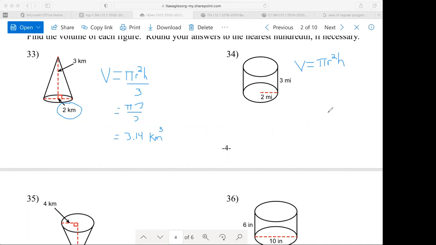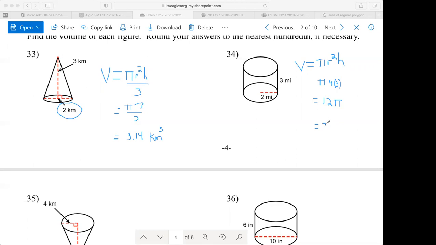So 3.14. For the cylinder over here, the radius is 2. 2 squared is 4, and 4 times 3 is 12. I might have done that one in my head and just wrote 12 pi. And 12 pi, Matt, should be 37-ish.